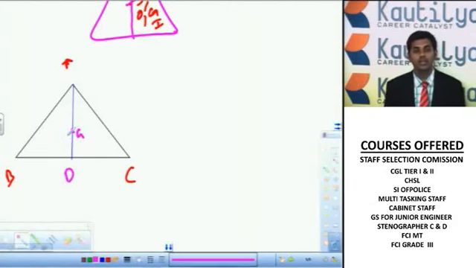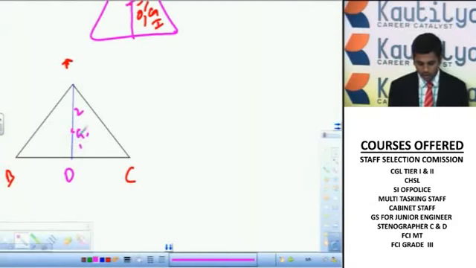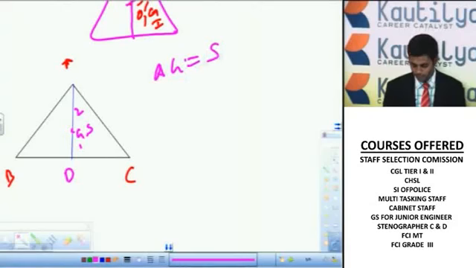We know that the centroid divides the median in the ratio 2:1, 2 parts towards the vertex and 1 part towards the base, right? And since this is also the circumcenter, this AG will be the circumradius, right?